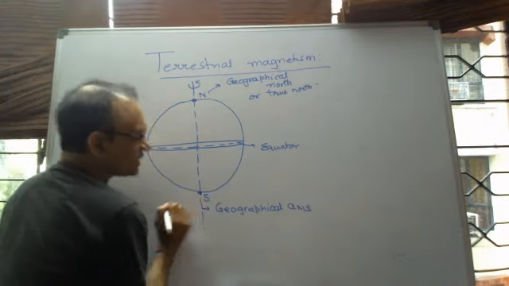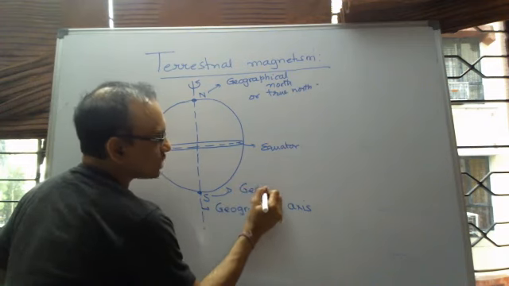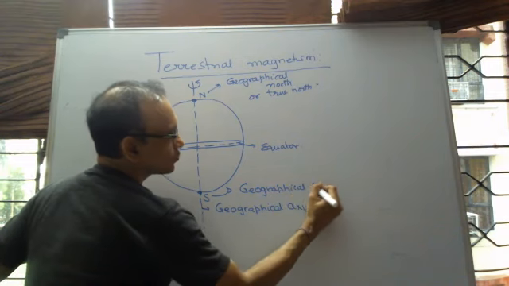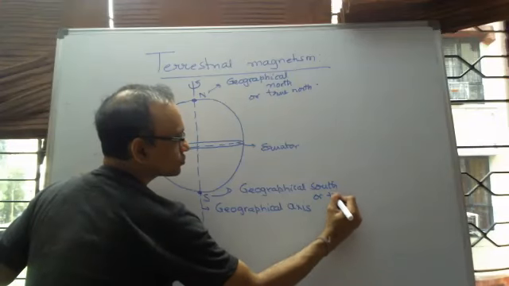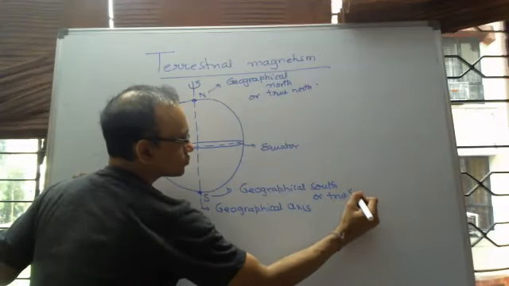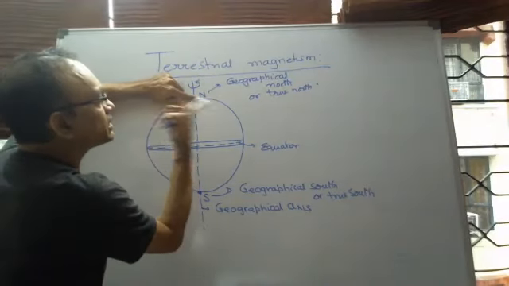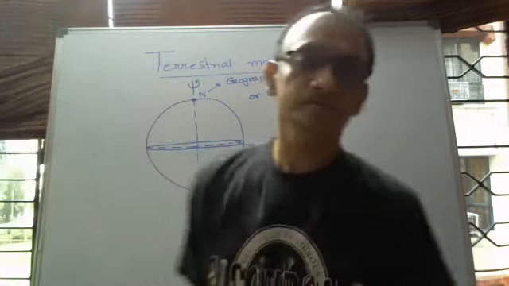This extremity is called geographical south or true south, the South Pole. So this is the North Pole, this is the South Pole. The Earth spins about this axis. This is the geographical axis.